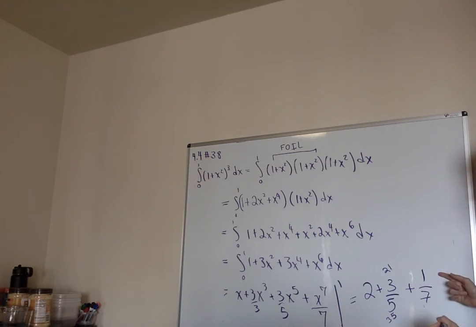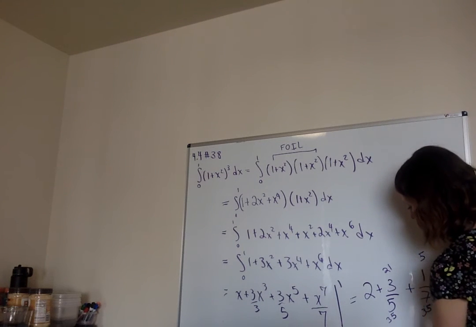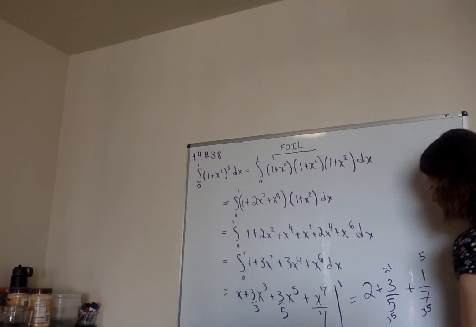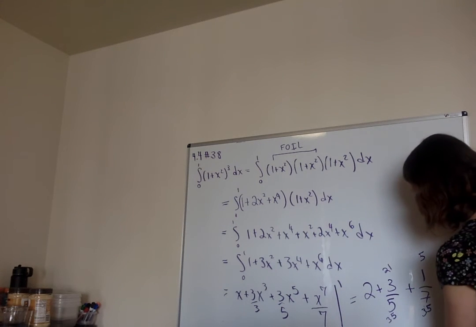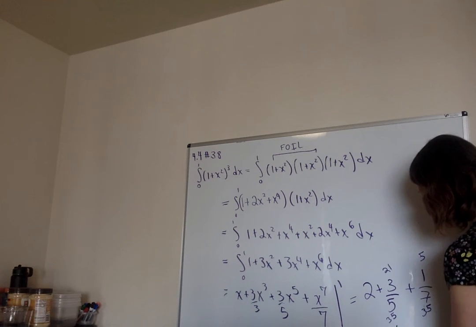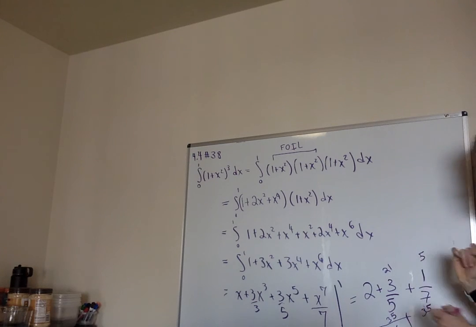Multiplying the top and bottom of this one by 5, I'm going to get 5 over 35. Now I can just add the numerators and keep the common denominator. As a mixed number, this gives me 2 and 26/35. You could also write that as an improper fraction.